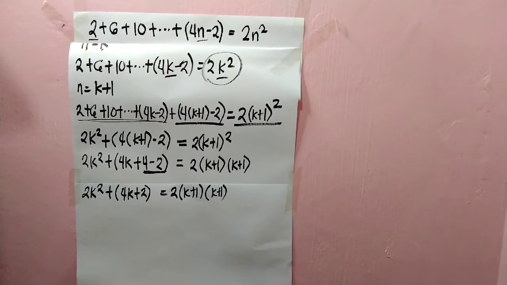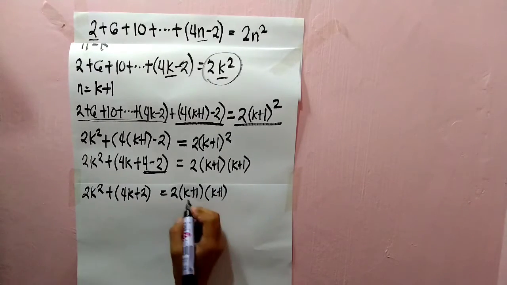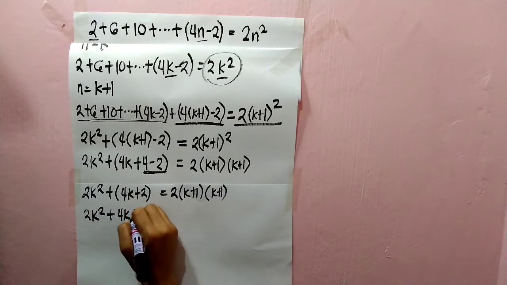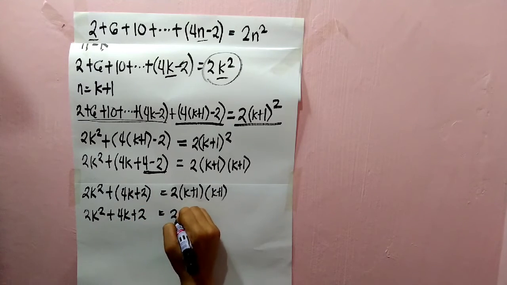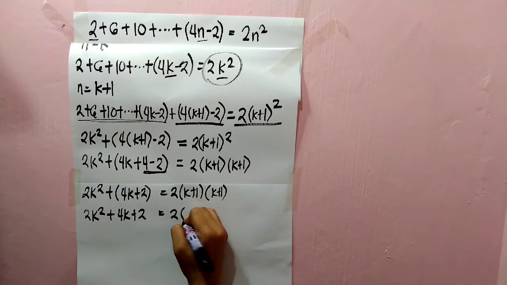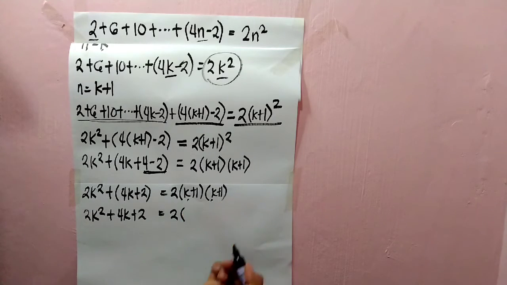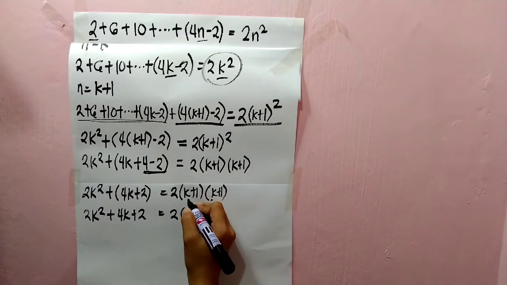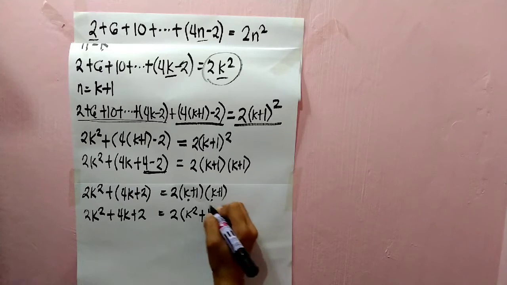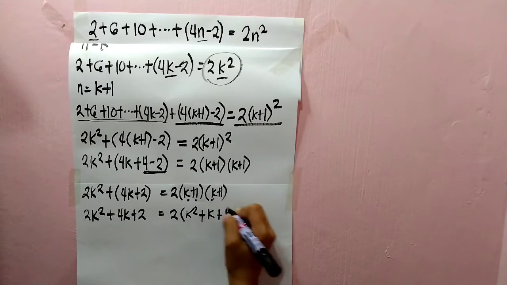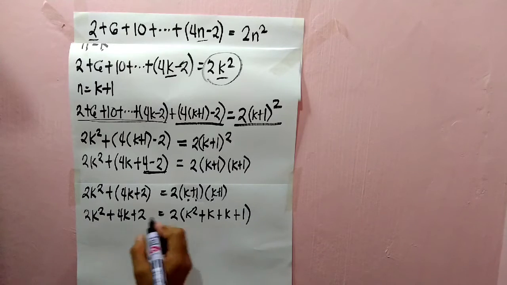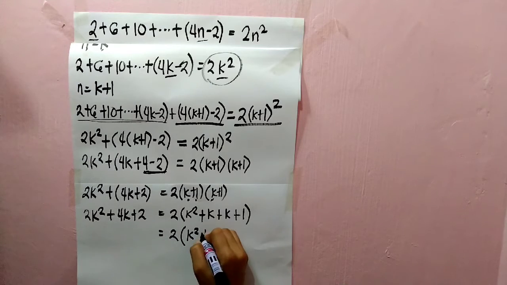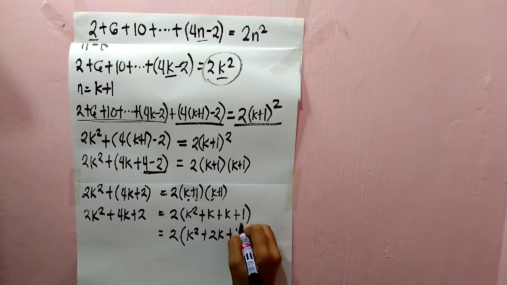So we have 2k squared plus 4k plus 2 equals 2 times, k times k, we have k squared, plus k times 1, we have k, plus 1 times k, we have k, plus 1 times 1, we have 1. So combine. 2 times (k squared plus 2k plus 1).